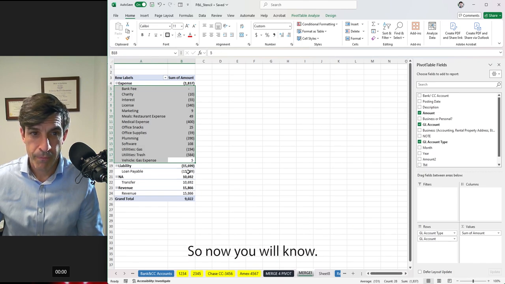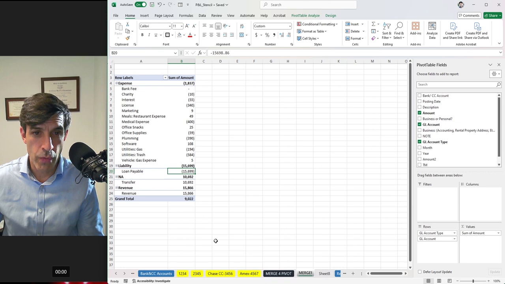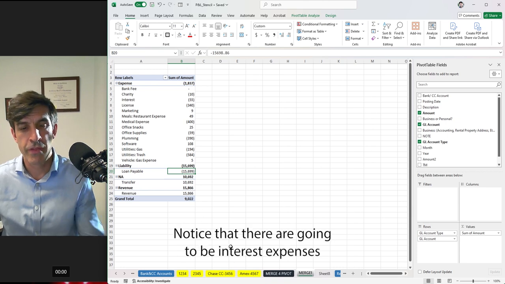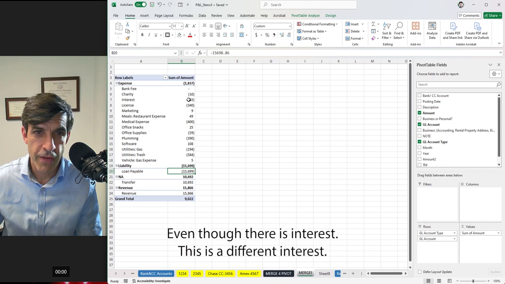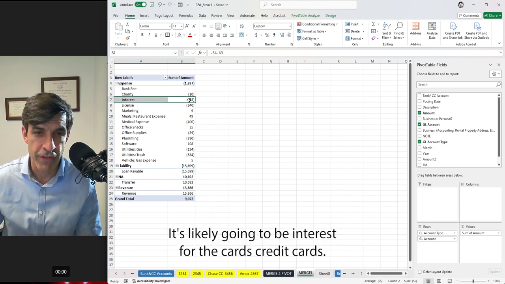Now you will notice that there are interest expenses that are not going to be included on here. Even though there is interest, this is a different interest. It's likely going to be interest for the credit cards.